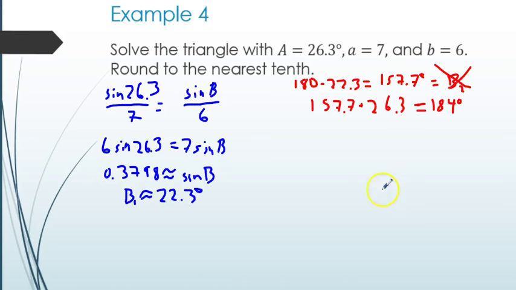It doesn't work. So what we can do instead is keep focusing on our first triangle here. We know two of the angles now, and we're going to find the third angle, angle C, by doing 180 minus the one we were given minus the one we found.